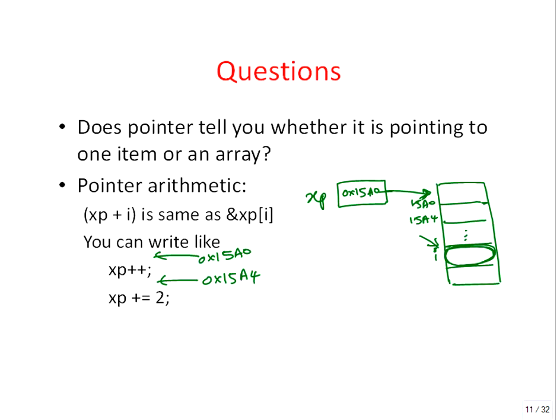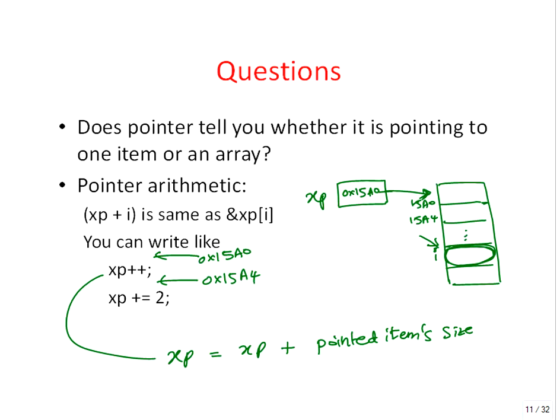So when you do xp plus plus, what really happens is xp equals xp plus the pointed item's size. Here the pointed item is an integer, whose size is 4 bytes, so xp equals xp plus 4.